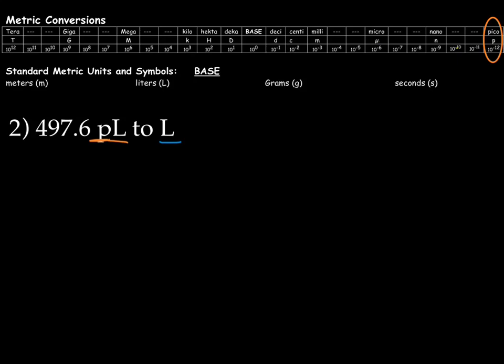Where do you look if there's no prefix? Do you remember? You look at the base, all right? So this time we're going to go from pico to base. Let's count the number of times we have to move. 1, 2, 3, 4, 5, 6, 7, 8, 9, 10, 11, 12. 12 times.